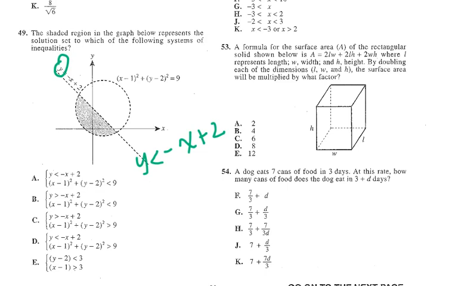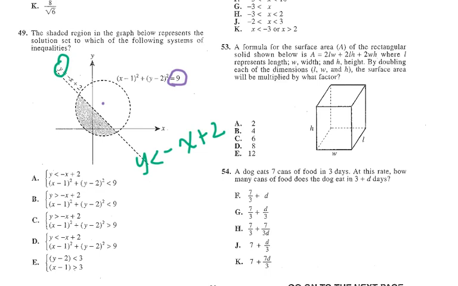That means any points on the line of a circle, the radius is equal to 3. Then the shaded area, definitely the radius will be less than 3.